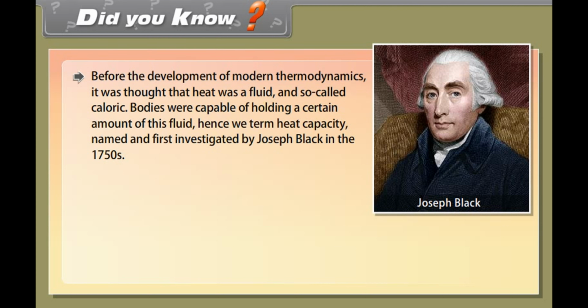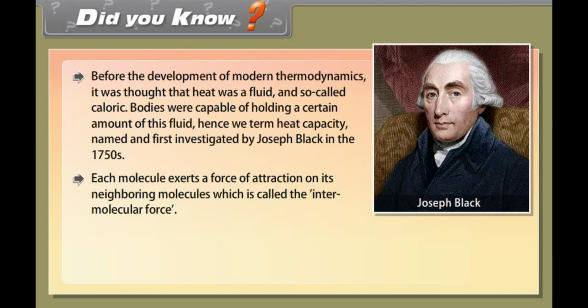Did you know? Before the development of modern thermodynamics, it was thought that heat was a fluid called caloric. Bodies were capable of holding a certain amount of this fluid. Hence, we term it heat capacity, named and first investigated by Joseph Black in the 1750s.